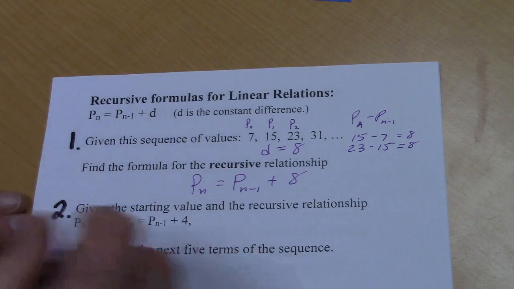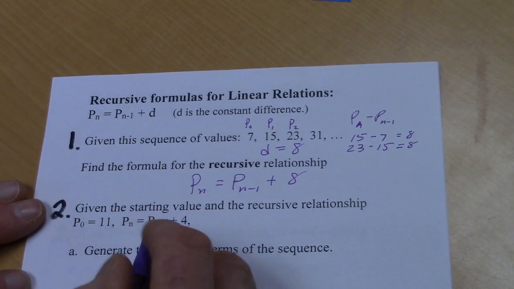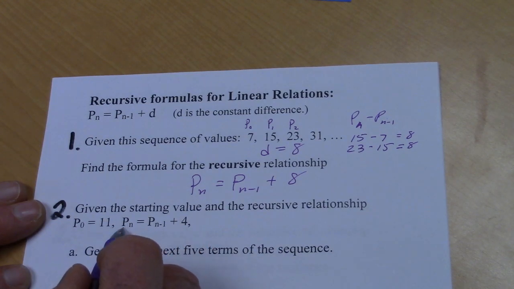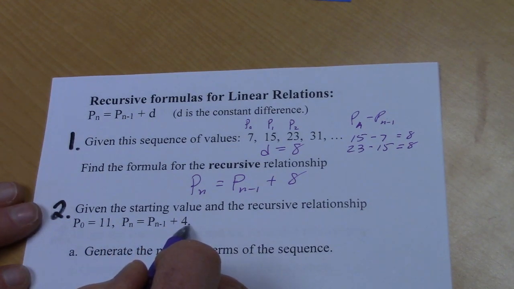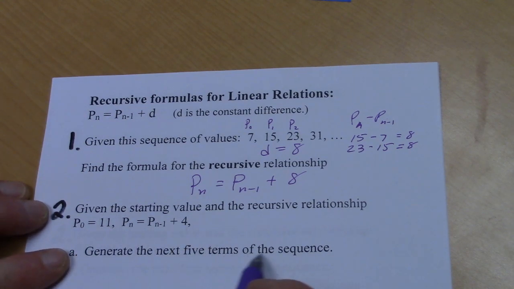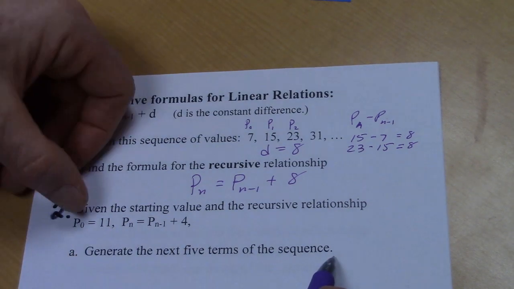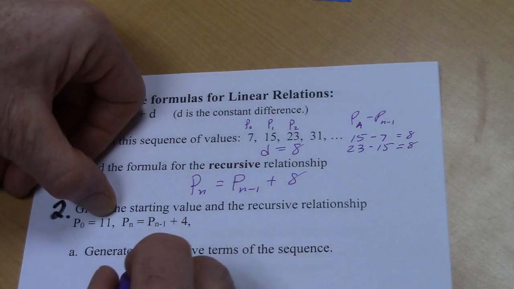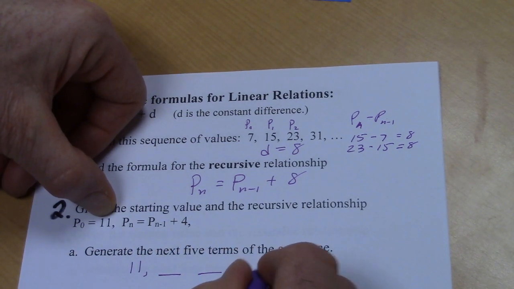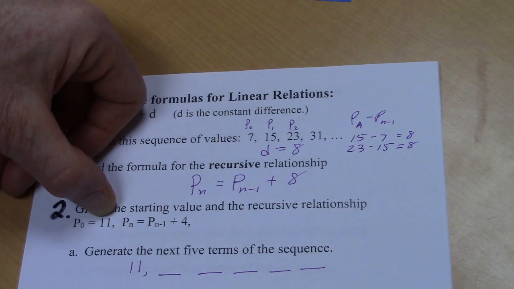Okay. Now let's go to example number 2. Now we're given the starting value and the recursive relationship. So now we have the recursive formula already, and they tell us where to start. It says generate the next 5 terms of the sequence. So if p sub 0 is 11, that's the first term, we're looking for 1, 2, 3, 4, 5 more terms.